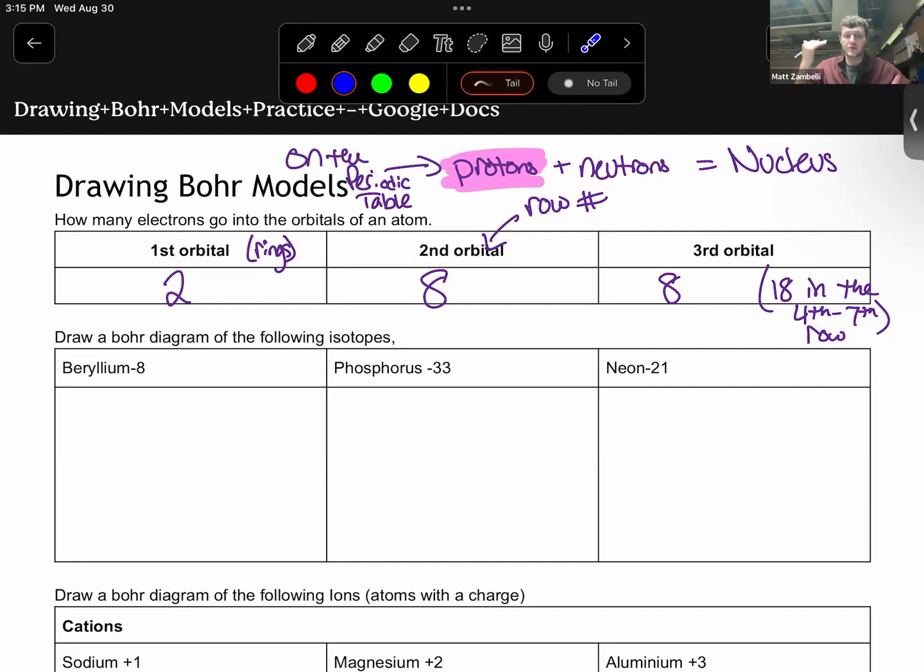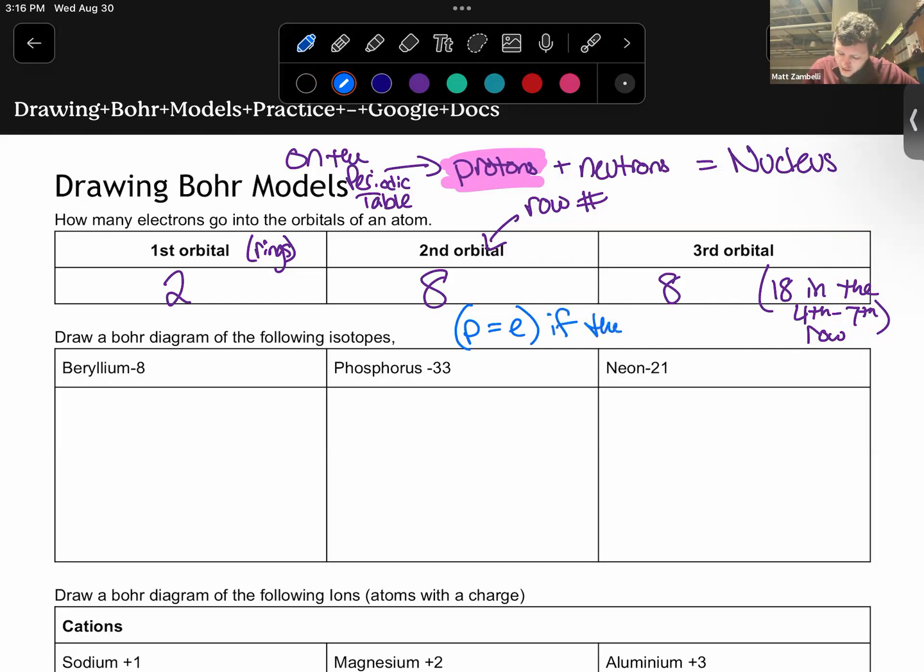Our electrons should be the same as our protons. We might have gotten that from our PhET simulation, but our protons should equal our electrons. This is almost always the case if the charge is 0. If our charge is 0, our protons equal our electrons.